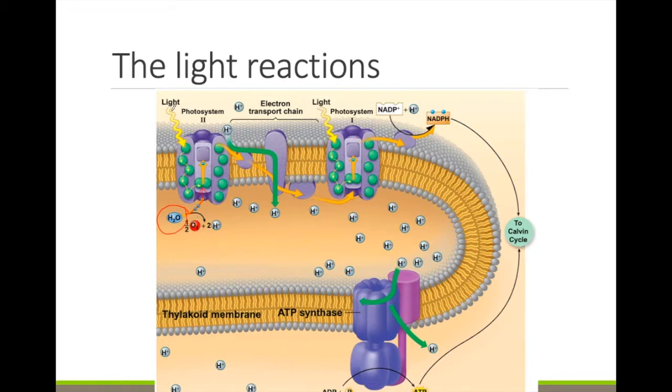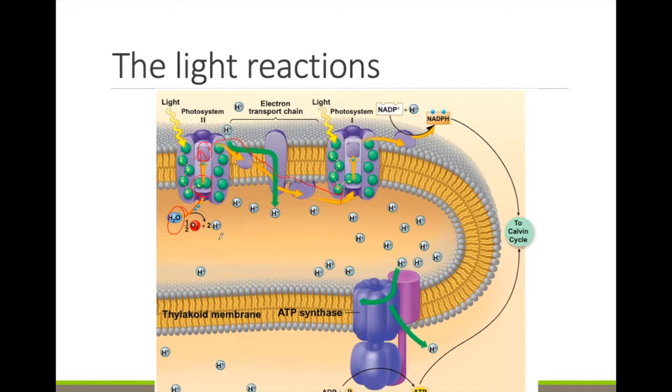Light comes in from the sun to the photosystem, and it's going to excite electrons in these chlorophyll molecules until eventually a chlorophyll A in the center gets excited to a higher energy state. It gets accepted by this primary electron acceptor and then eventually passed down the electron transport chain.